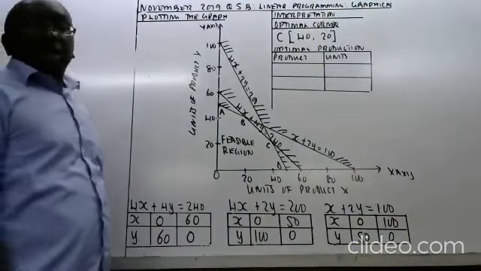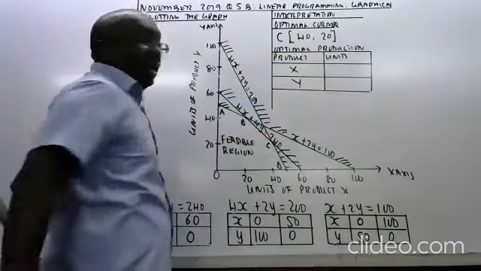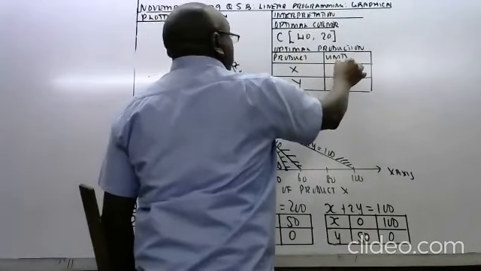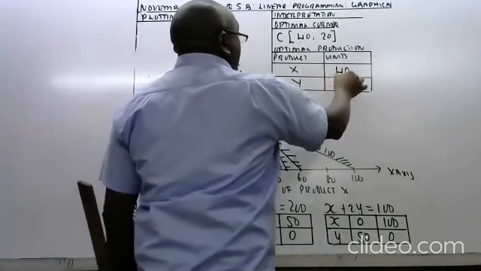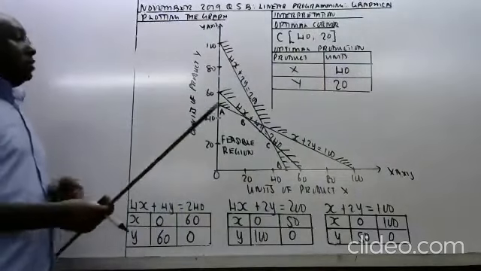So this one is very straightforward. Product X and product Y. X is this 40, so 40 units. And Y is 20.